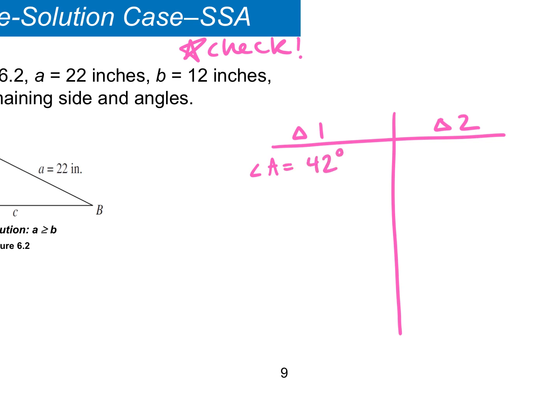Whatever's given is going to be the same in triangle 2. So angle A is going to be 42 in triangle 2 as well. And then we also have side A and side B that are given. So side A is 22 and side B is 12. So these are going to be the same in triangle 2.